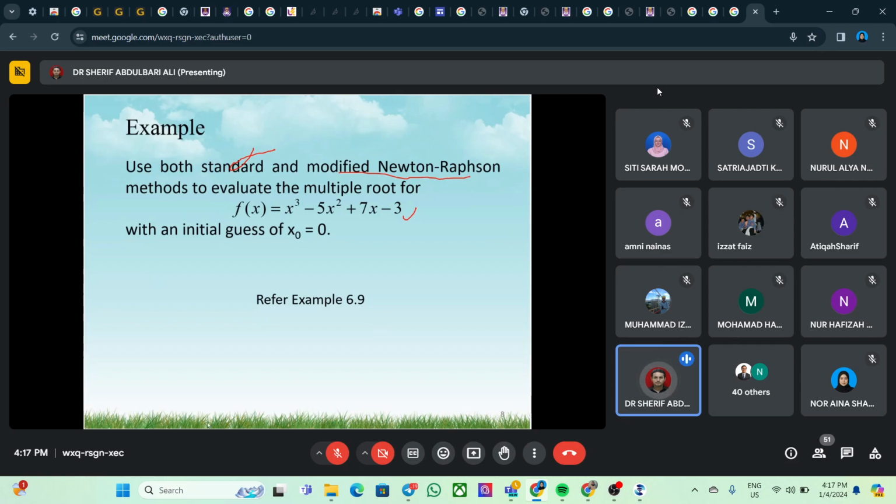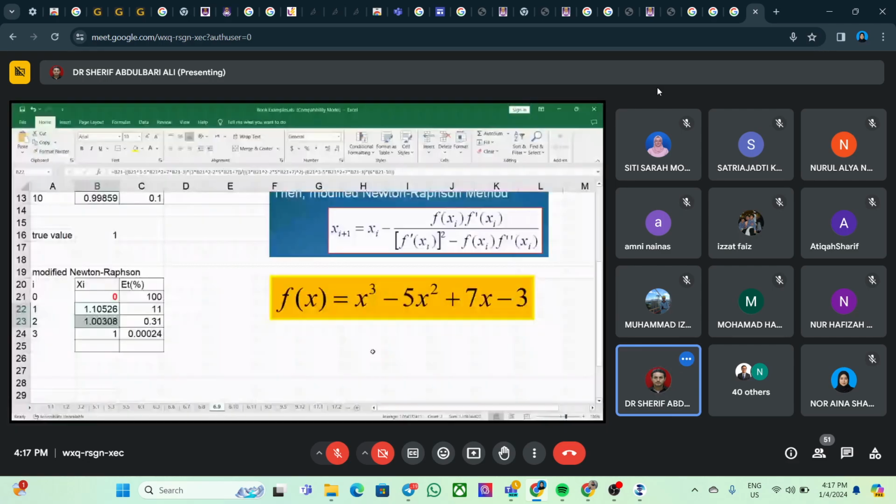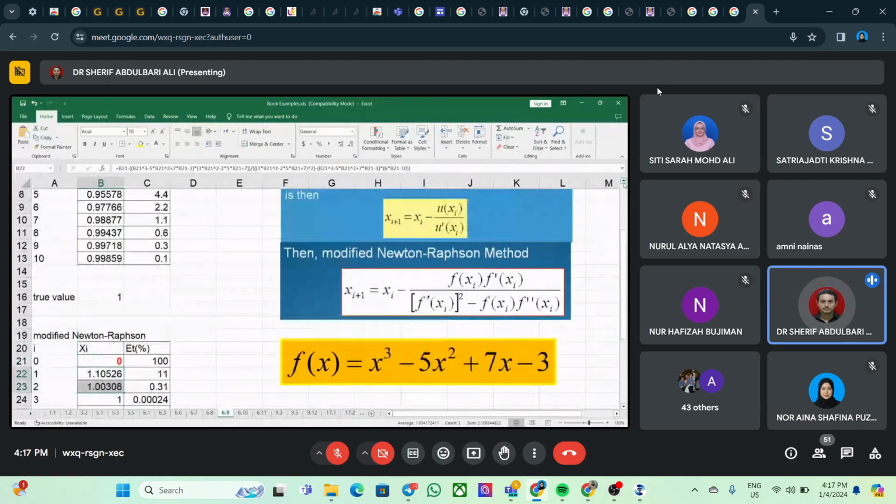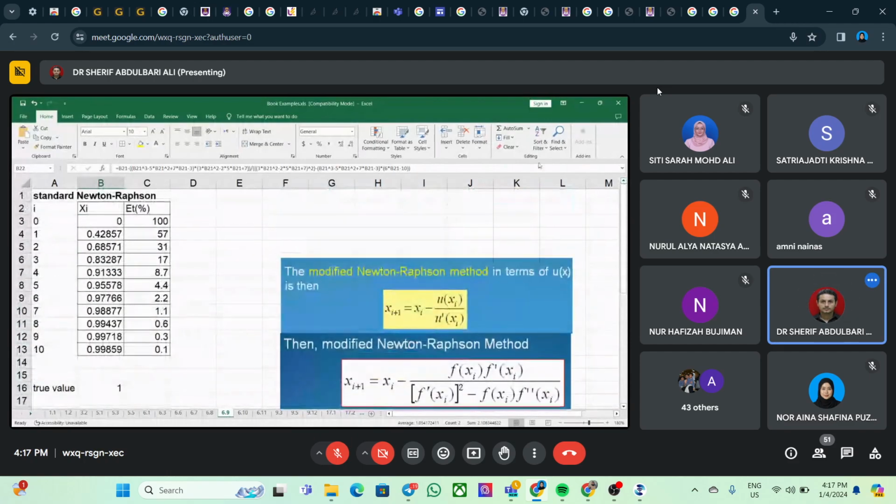Okay, let me share with you the Excel file. If we solve this one using the standard Newton-Raphson, this is what we learned last week.